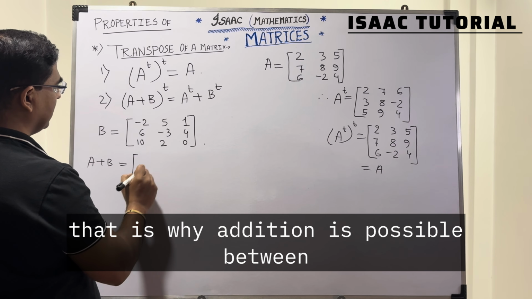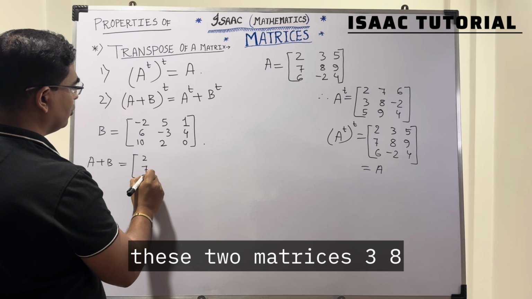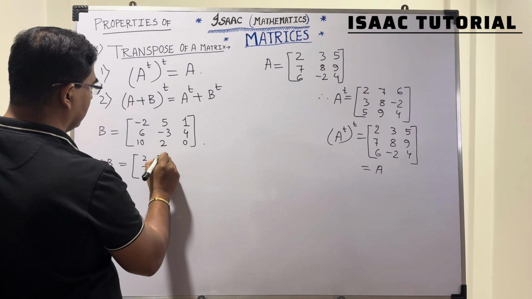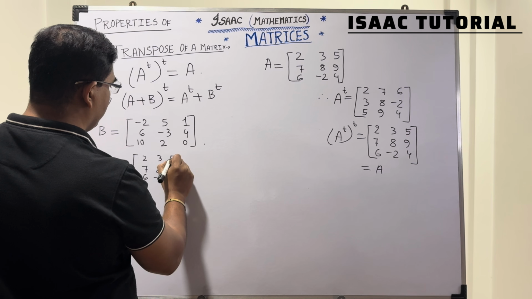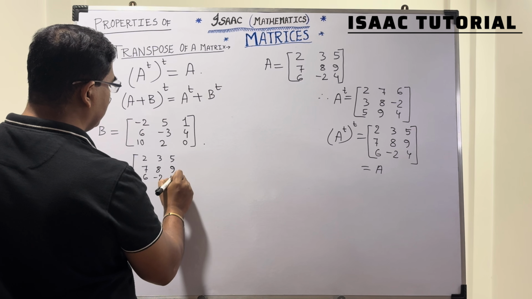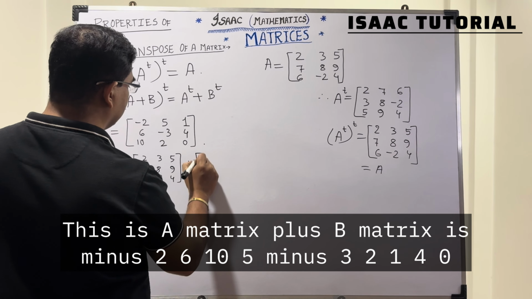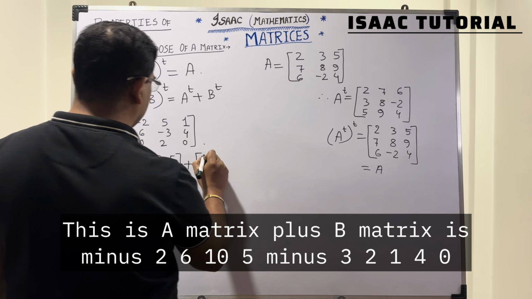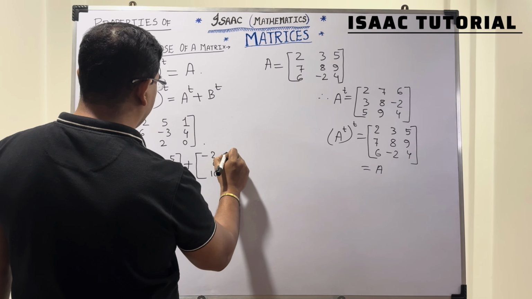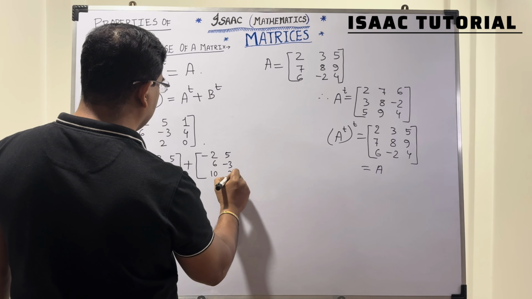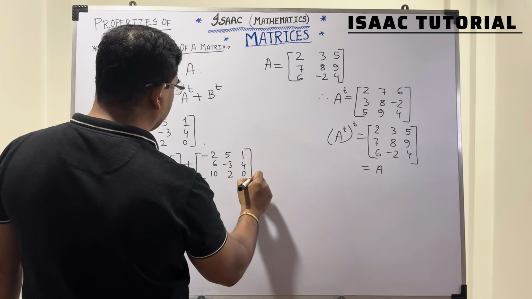That is why addition is possible between these two matrices. A is 3, 8, minus 2, 5, 9, 4. This is A matrix plus B matrix is minus 2, 6, 10, 5, minus 3, 2, 1, 4, 0.